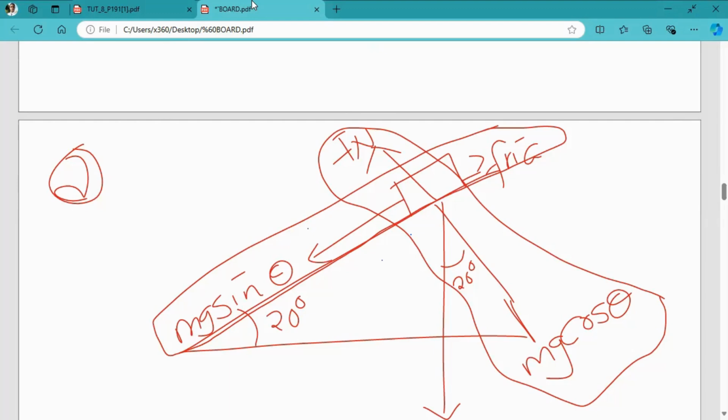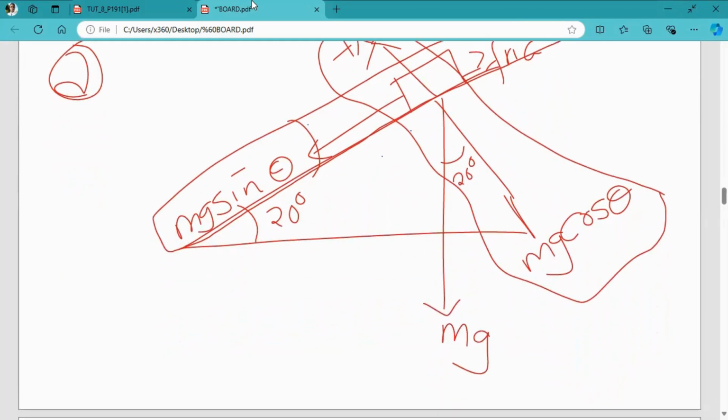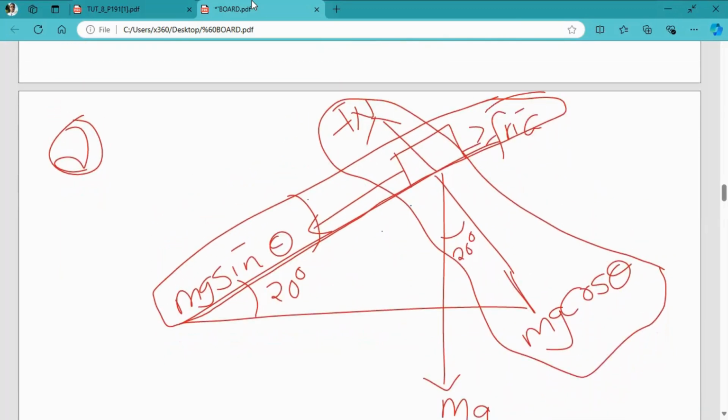We have the frictional force, which is opposing the motion, and we have this mg sine theta, the x component of our weight, which is causing this object to actually slide down the incline due to its weight. So what are we going to do? We'll say the summation of forces in the x. So these are the forces, the friction, and the mg sine theta.